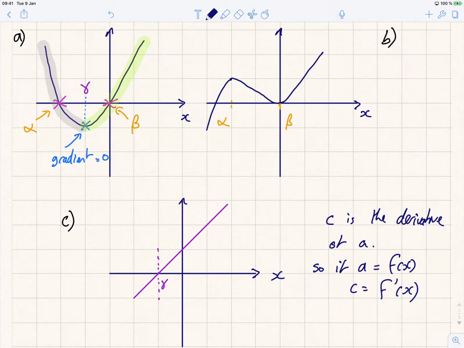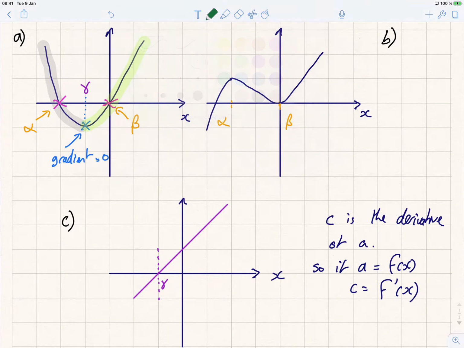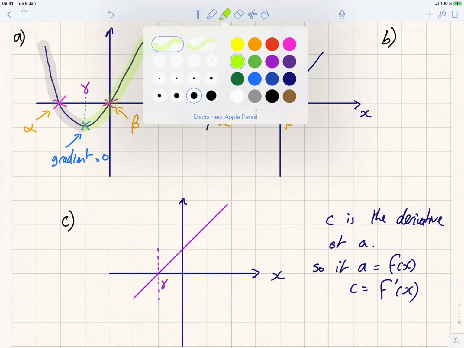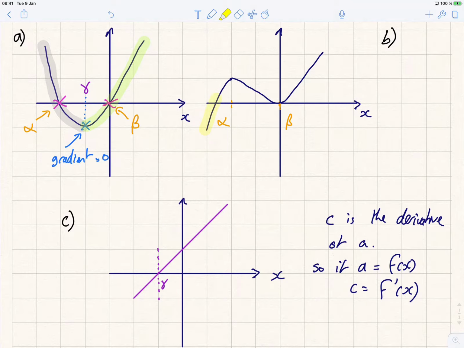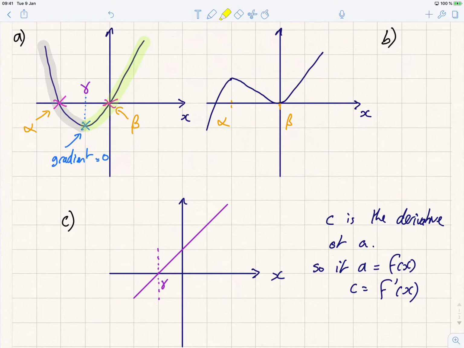Now let me see if I can highlight these for you. So this bit here corresponds to this bit here. This bit here corresponds to this bit here. And then finally this bit here corresponds to this bit here.